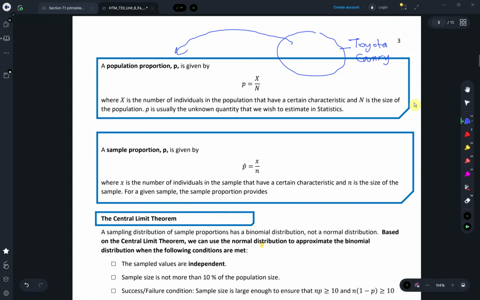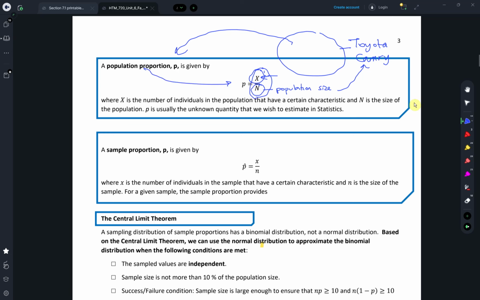So out of the entire population, the population size, that is the whole count of all Toyota Camry cars, our capital X here will be all those currently at the mechanic's workshop. And we define that fraction as the population proportion.